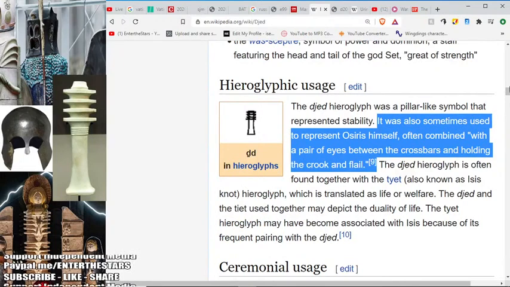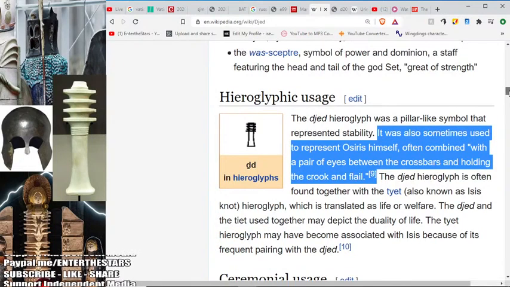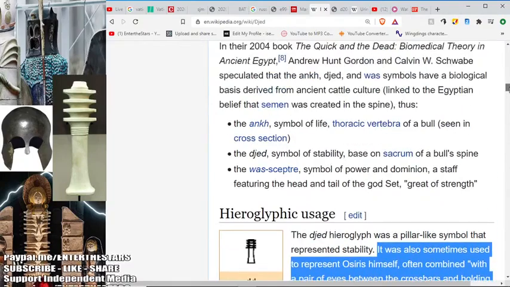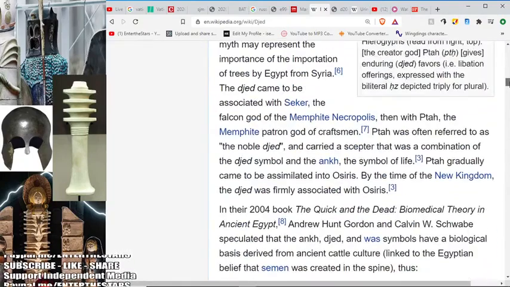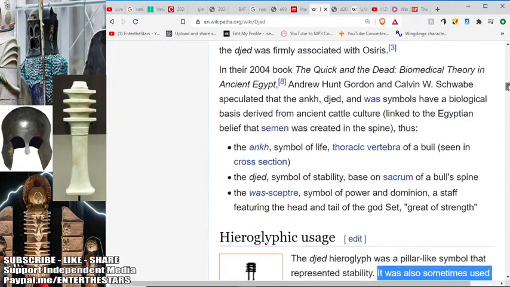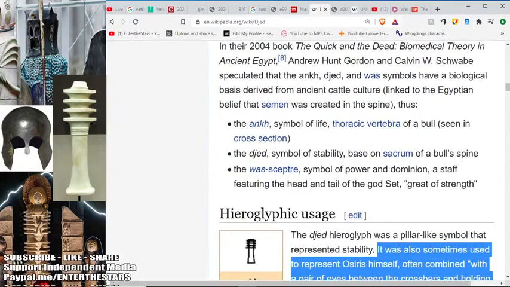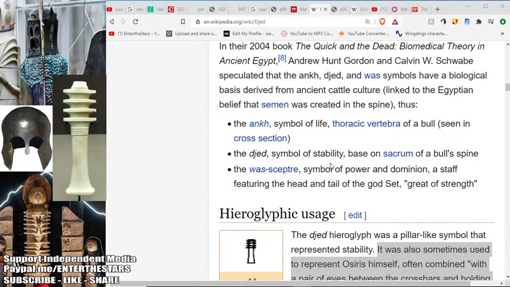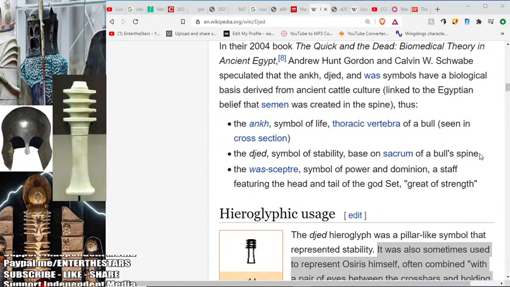And according to sources, it is associated with Osiris, and it represents the backbone. More specifically, the sacrum, which is the lowest part of the backbone. The DJED, symbol of stability, base of the sacrum's bull spine.